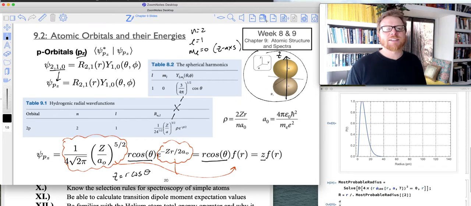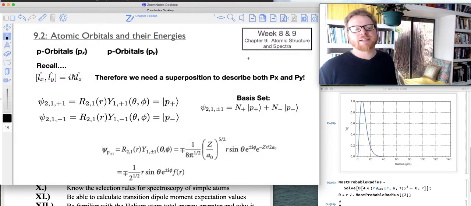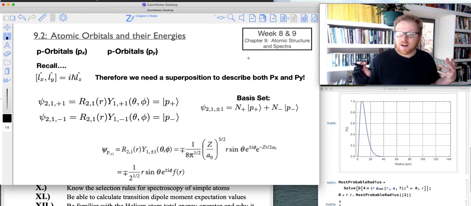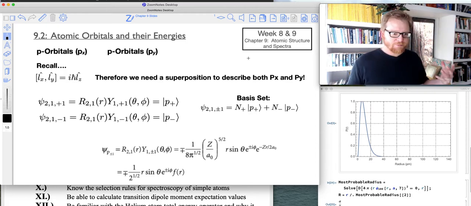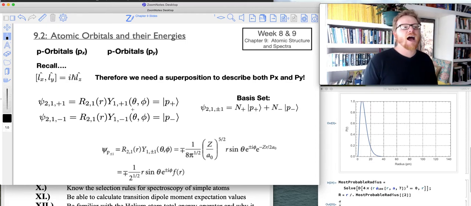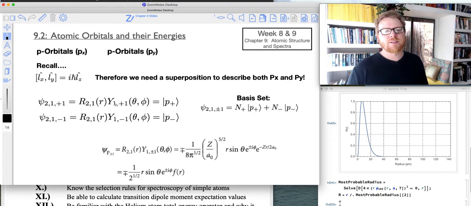So how do we do PX and PY? Well, the situation gets a lot more complicated, okay? And it gets complicated because of our Heisenberg uncertainty in the x and y dimensions, okay? So remember that the commutator [Lx, Ly] equals i h bar Lz.